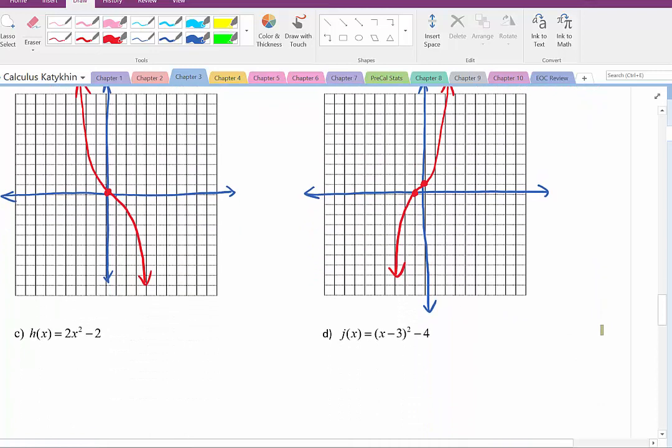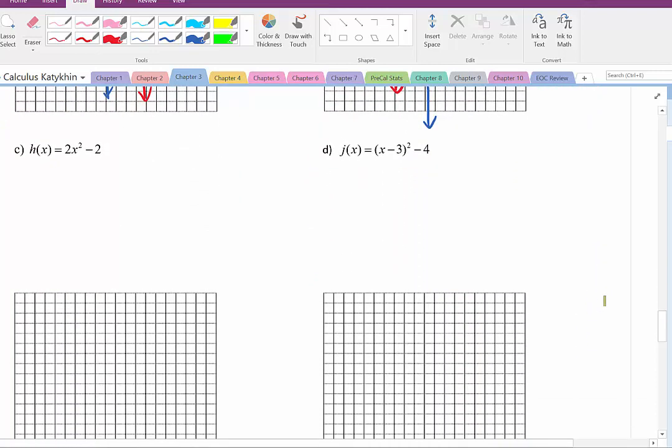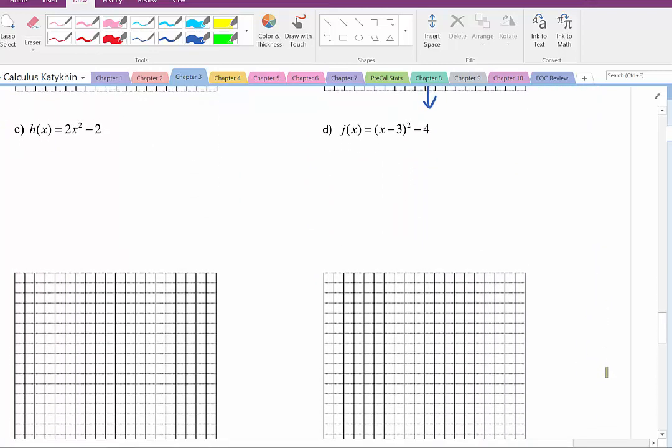All right, let's go ahead and look at C. Before we can solve this problem, we do have a leading coefficient and we do have a degree, so that tells us something about the graph. But I still want to get my roots, so I would have to factor out a 2 to get x squared minus 1.